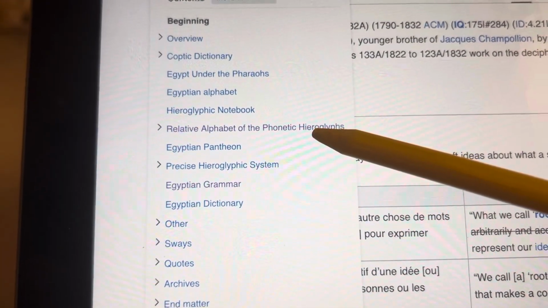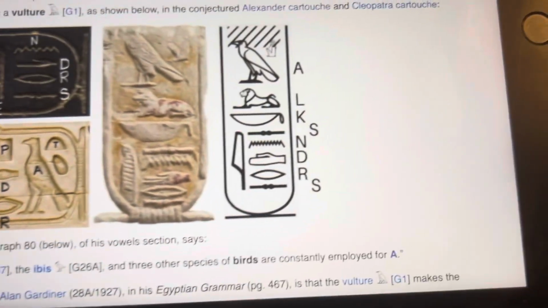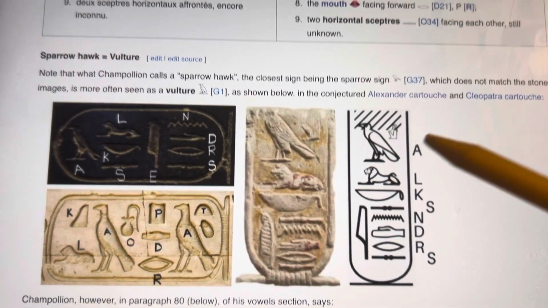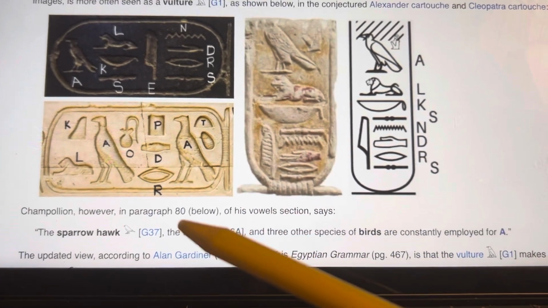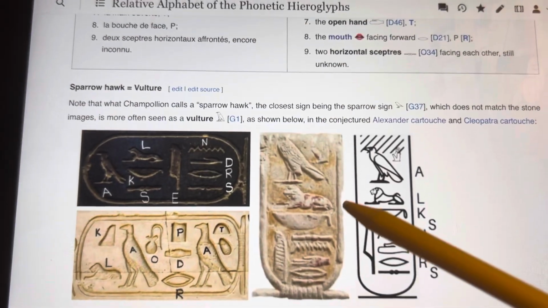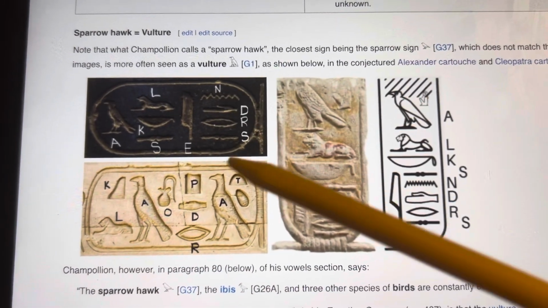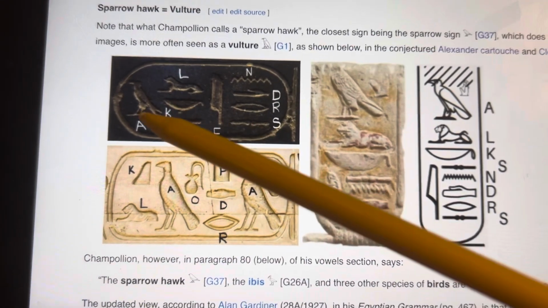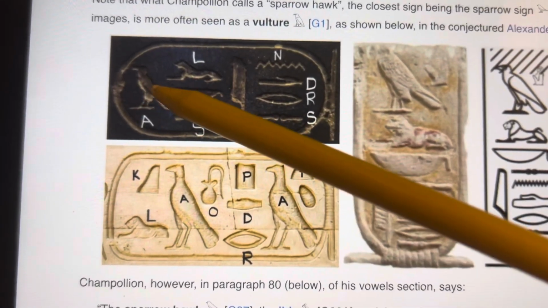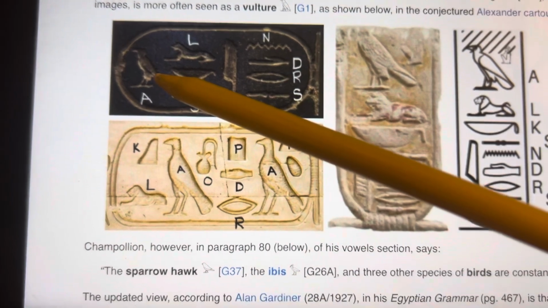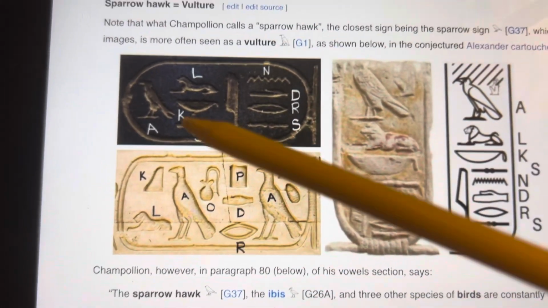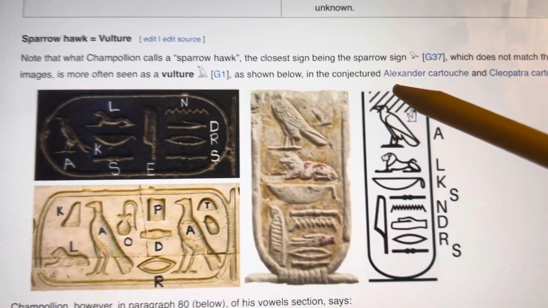So if we go to his Relative Alphabet of the Phonetic Hieroglyphs, we see that in paragraph 80, in order to explain the Alexander cartouche, he says that what he believes was a sparrowhawk, technically it's a vulture, was letter A of Alexander.